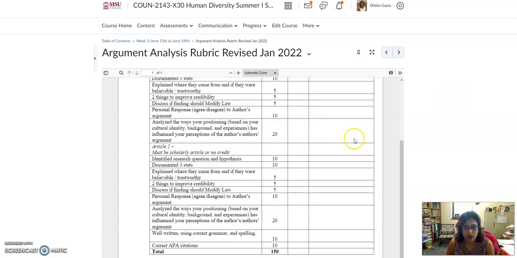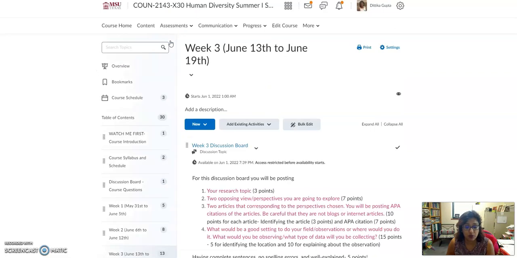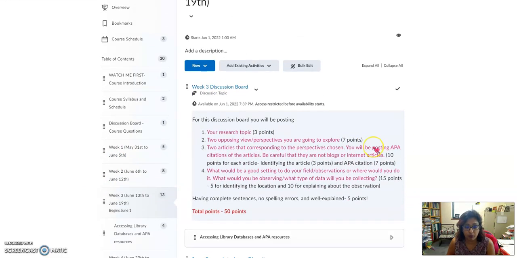So those are the things that you talk about, and then the very end is basically about grammar and spelling, and APA citation. This one really needs APA. So you're getting 10 points for APA citations here, and then you are also getting points in your discussion board right over here.